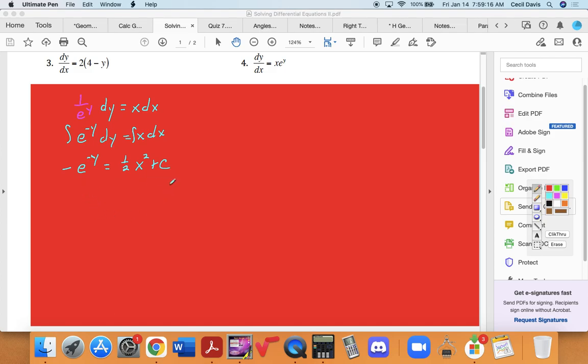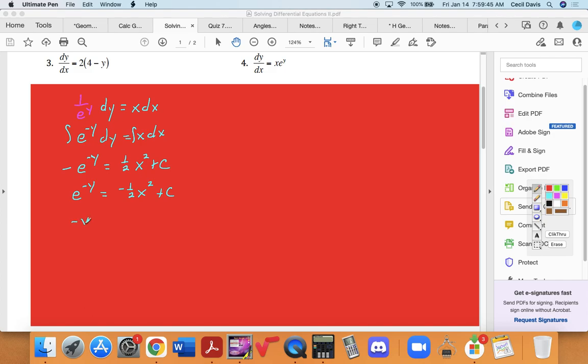So now I'm going to try and solve this for y. I'll multiply both sides by negative 1, and I'll have e to the negative y is equal to negative 1/2 x squared. And yes, it should be minus c, but I'm going to just call it plus a different constant. Then if I'm trying to solve this for y, I need to take the natural log of both sides.